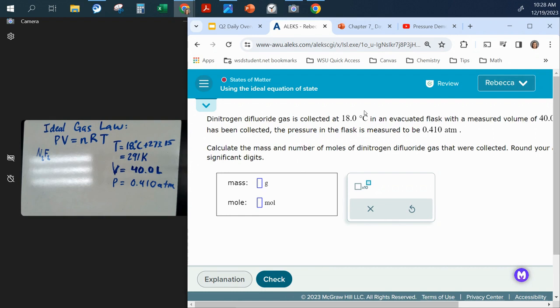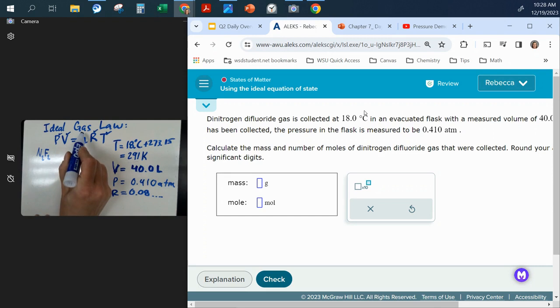Well, on the test, you're not going to know how many, so just make sure you're looking at your values. Remember, temperature is, look at the sig figs after you convert it to Kelvin. So temperature right now has 3, this has 3, this has 3. Okay, so if we look back at this ideal gas law, we have pressure, we have volume, we have this gas constant, 0.08 something. We have temperature.